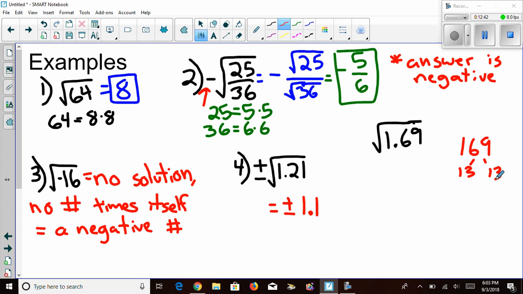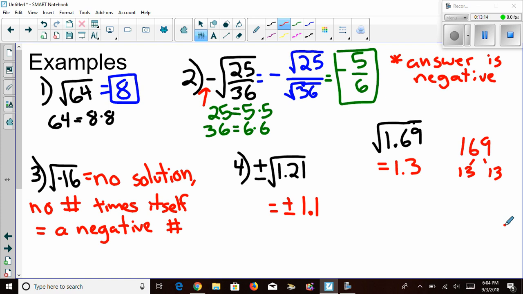So the square root of 1.69, I'm sorry, I'll back that up, its answer is 1.3. That's using information we can know, such as our perfect squares of integers, and applying it to, well, what if we have a decimal?